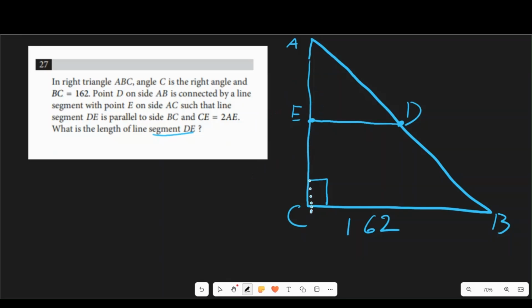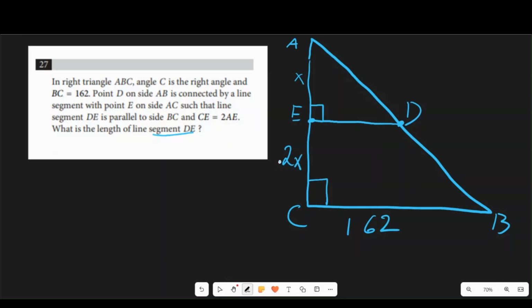We know that, since line DE is parallel to line BC, this has to be a right angle as well, right? And since we know that this length is, let's just say some length x, and CE is 2 of AEs, if AE is length x, we know that CE is going to be 2x, right?